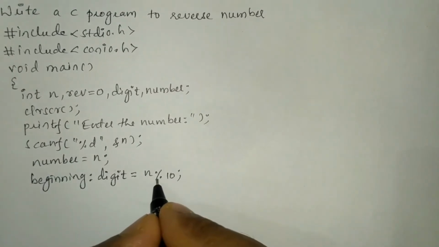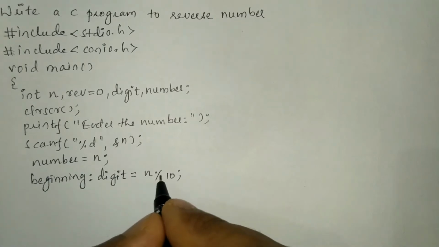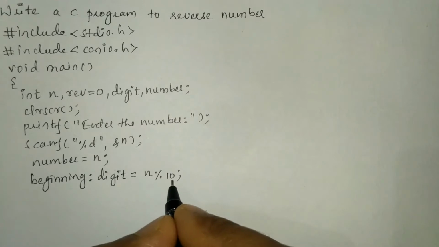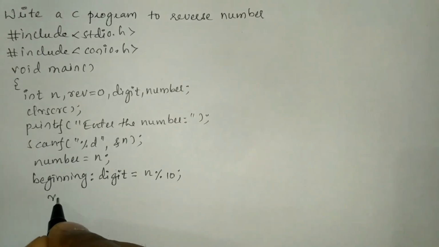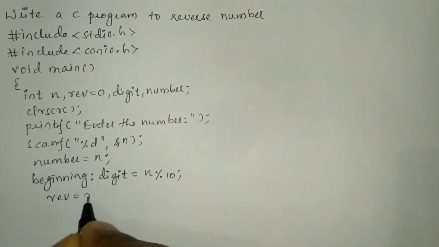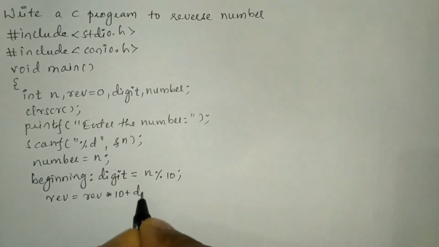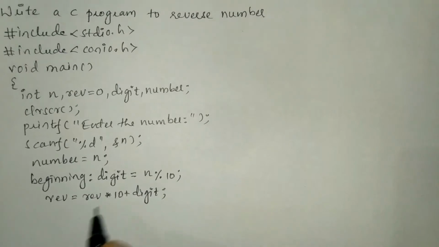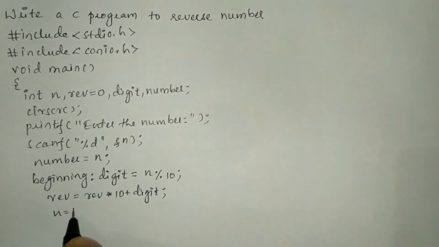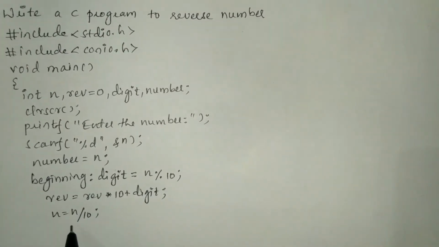Whenever we use modular division, this always returns the remainder after dividing the given number by 10. Next we are going to write rev is equal to rev into 10 plus digit and put a semicolon. Next n is equal to n integer division by 10. So this integer division by 10 always returns the quotient.